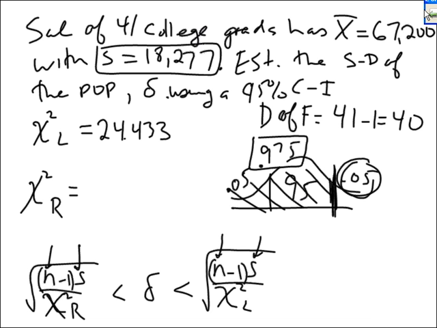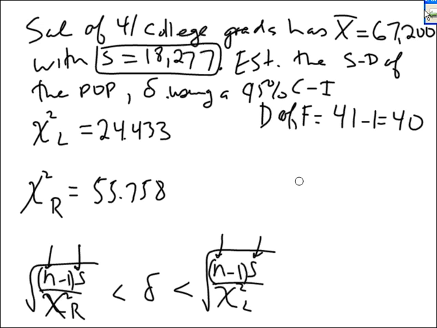So you look under 0.05 in the chi-square distribution table. You go down to 40, and you get 55.758. So they want a 95% confidence interval. Let's go over this again, how you decide which headings to use under the chi-square table.